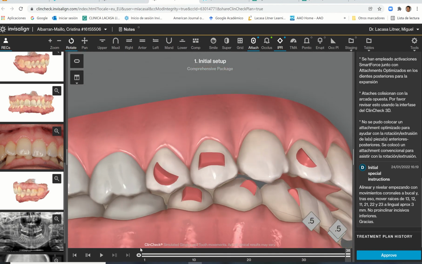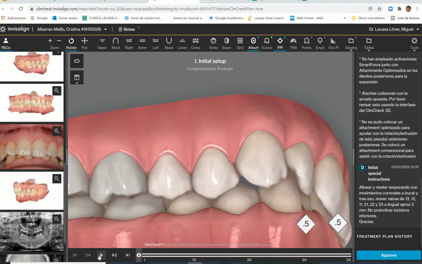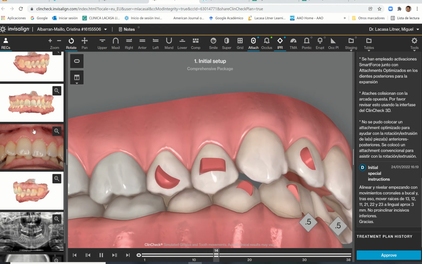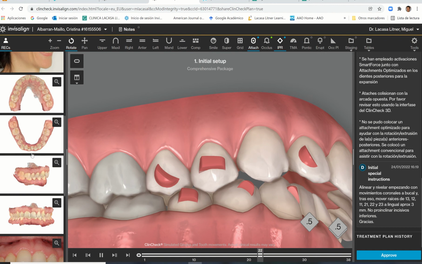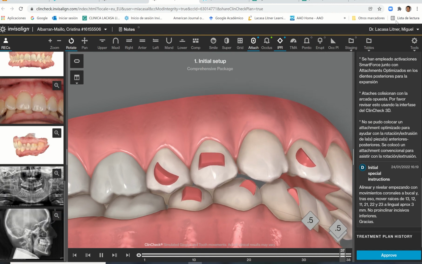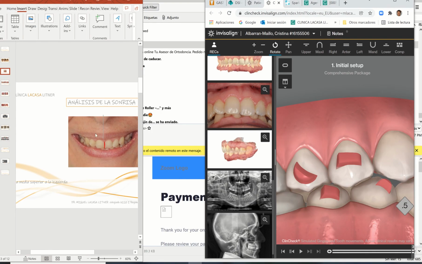But even though in this case, as you can see, they have performed expansion. Of course, if you go to the smile of the patient, and let's see in the PowerPoint, here you can see we have wide buccal corridors.